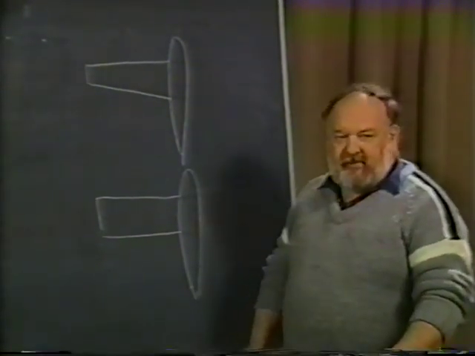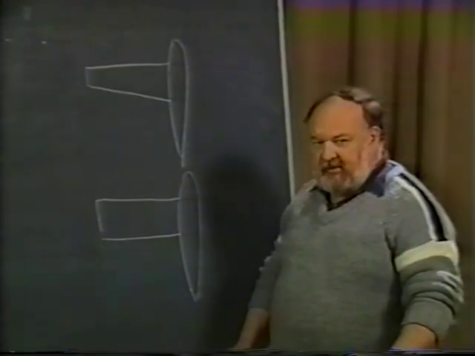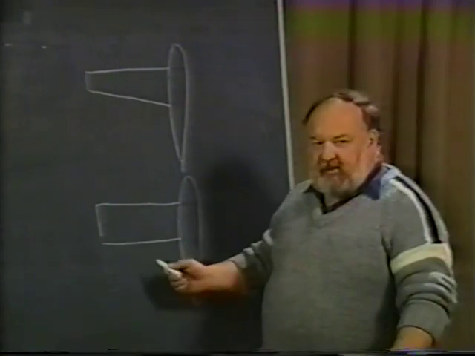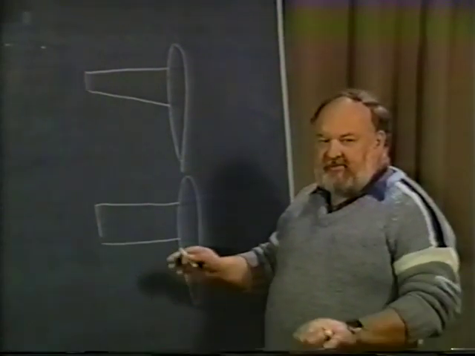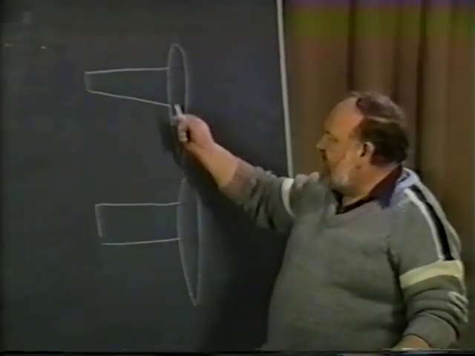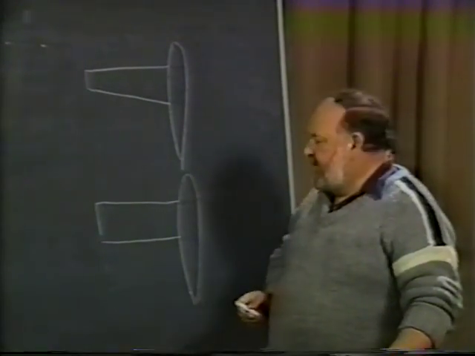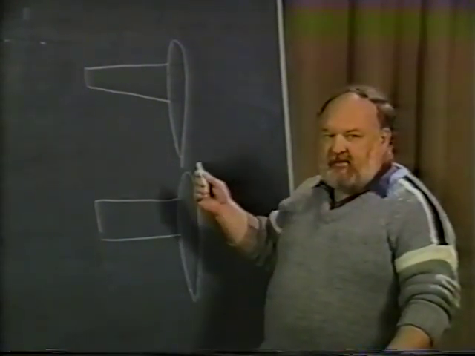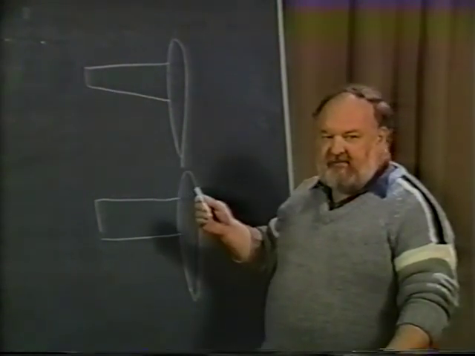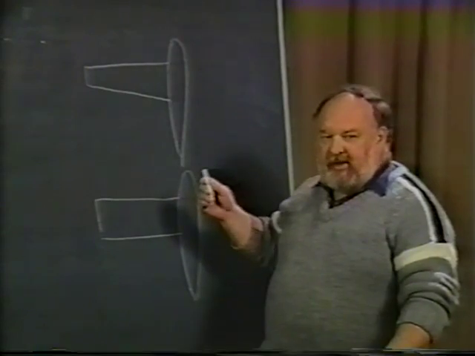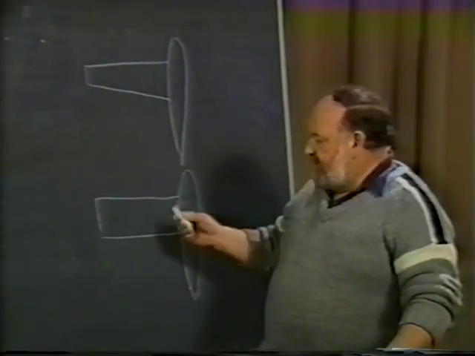Johnny Thorpe was the one who sort of pointed this out to a lot of the home builders several years ago by saying that even though this is a rectangular plan form and it produces a lift distribution that isn't maybe quite as good as the tapered one or as an elliptical plan form would do, the end result is that the little bit of loss of efficiency for maximum L over D conditions is lost by a rectangular one.